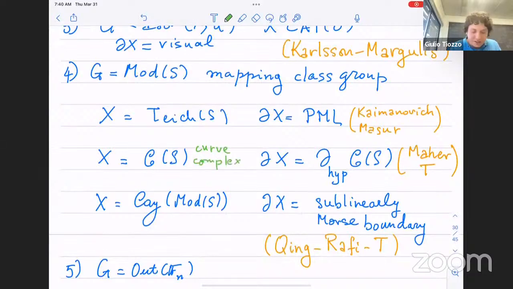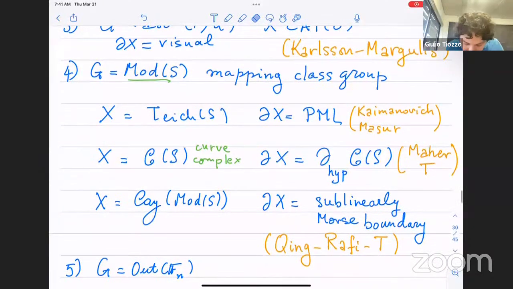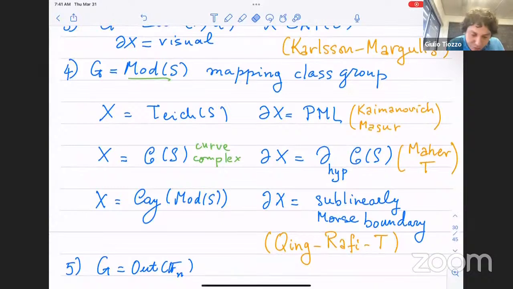By the way, I'm sorry, Kasra, my mapping class group would be Mod(S). I know you don't like it, but anyways. So the curve complex would be C(S). And the curve complex is hyperbolic, but non-proper. So you see, this is nice in one sense, but the action is kind of bad, but it still has a Gromov boundary.